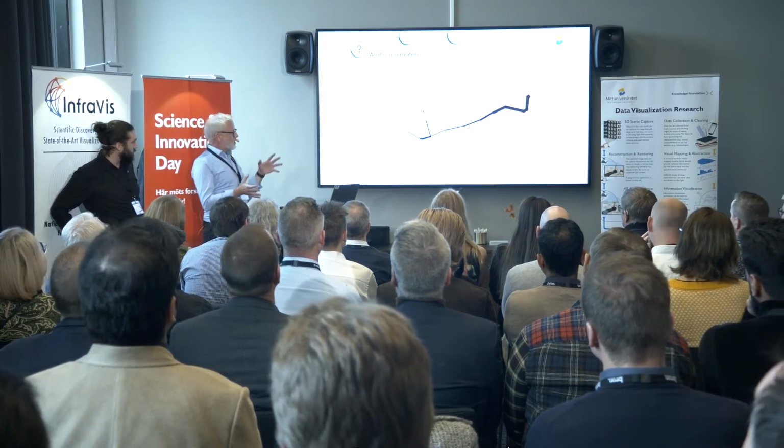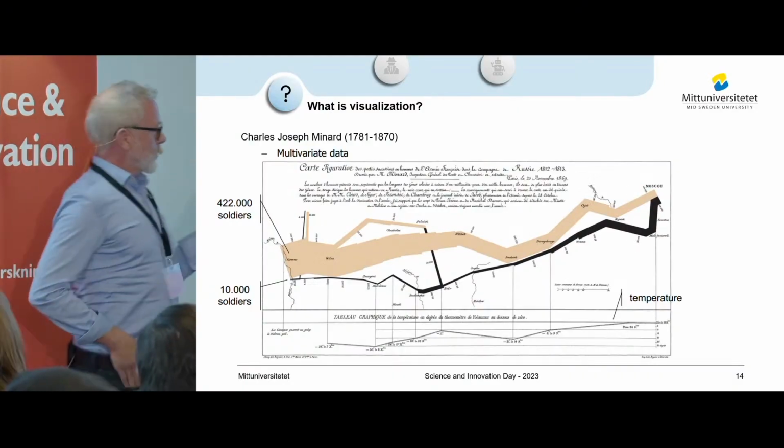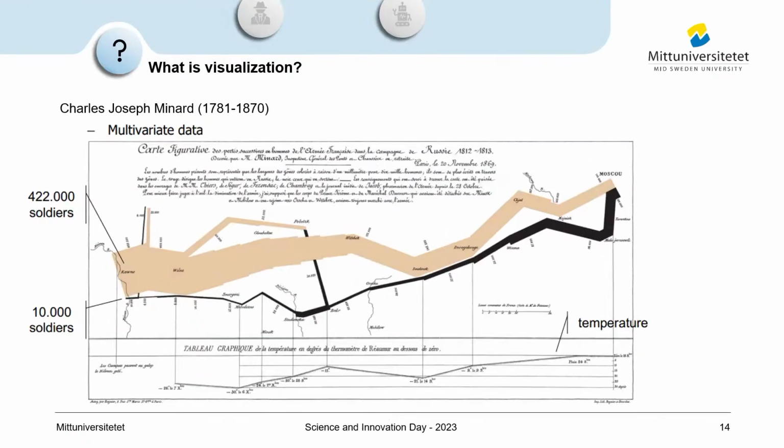So the width of this, if you can call it line, is the number of soldiers at a specific point in space as well as in time. And we can see that there's a diminishing width of this line as a result of the soldiers actually dying then on this walk to the east.